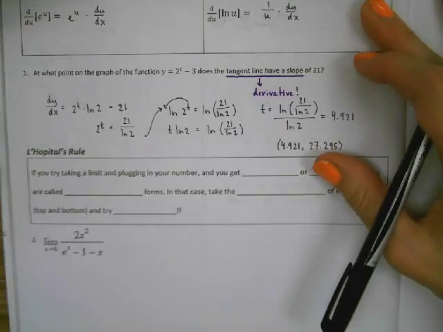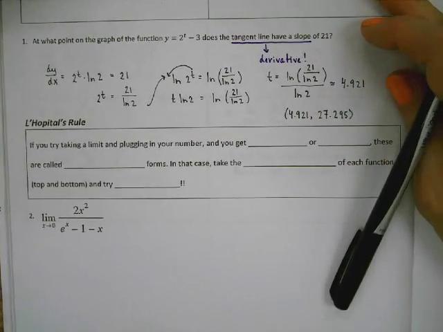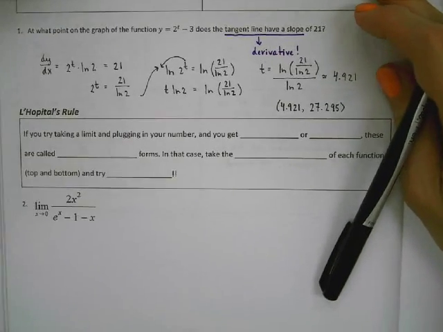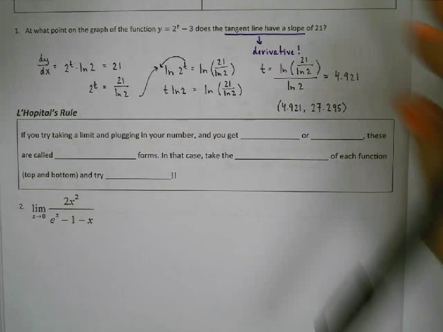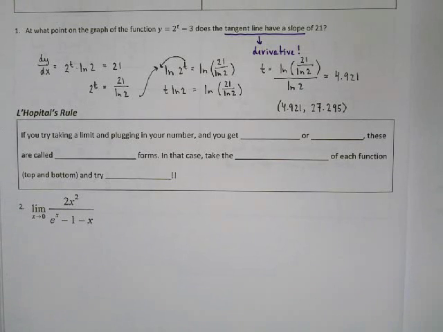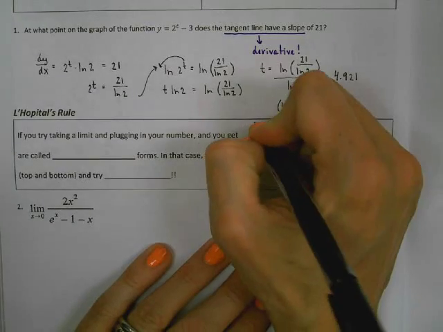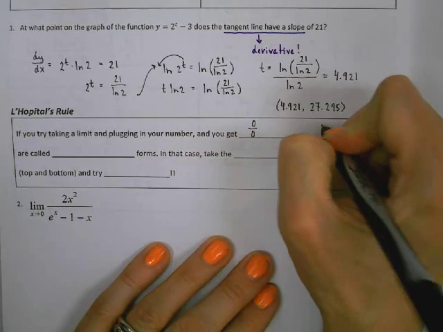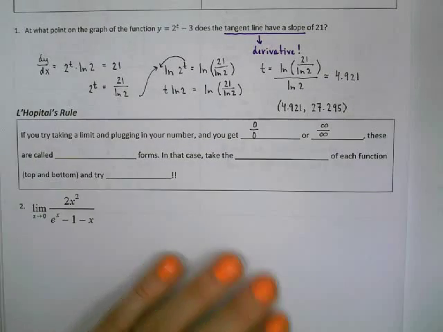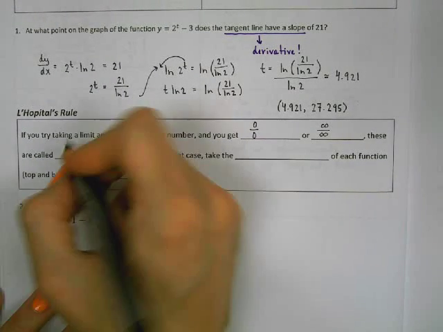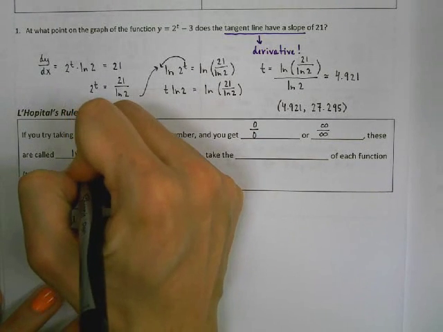Okay, now for L'Hopital's rule here. Remember, this helps us find limits of functions that we really haven't been able to using the methods we knew prior to this chapter. So if we try taking a limit and plugging in the number, and we get either 0 over 0 or infinity over infinity, these are called indeterminate forms.